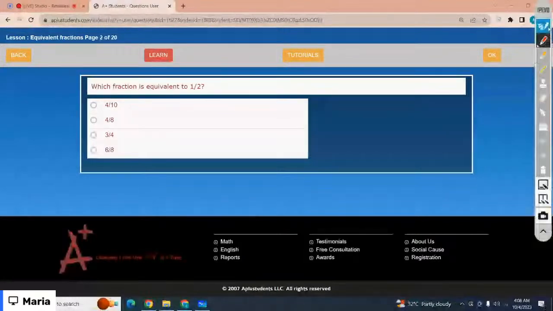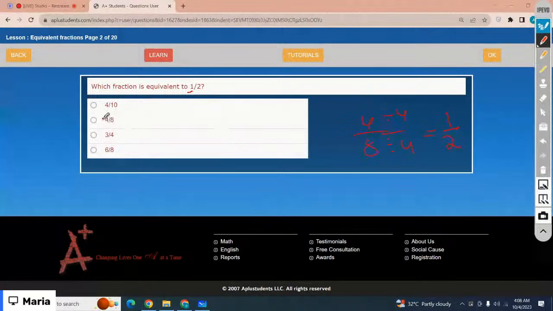You can find it like this. Here you have 1 over 2, so the numerator must be 1. 4 divided by 4 is 1, so just divide them by 4. 4 times 1 is 4, but 4 times no number is 10. That means that is not equivalent. Now look at the second one, 4 over 8. 4 divided by 4 is 1, so you divide both numerator and denominator by 4. 4 times 1 is 4 and 4 times 2 is 8.